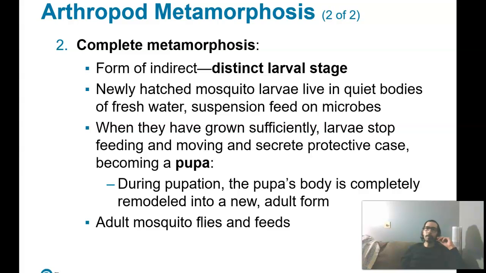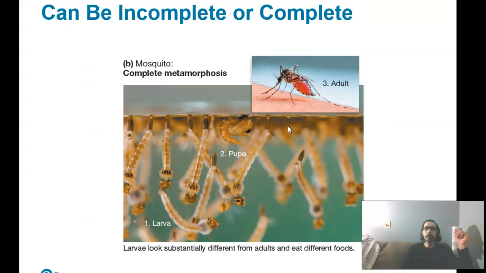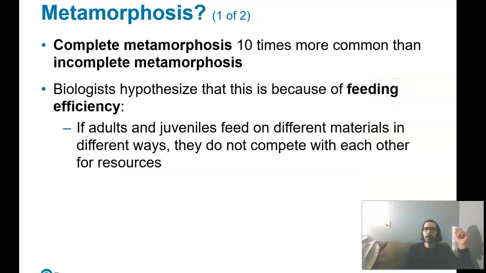They'll change into a pupa form, a protective pupa form, and then they'll completely remodel their bodies and emerge as the adult form. Here you can see the mosquito larvae, the pupa form, and then the adult form. So that's complete metamorphosis.